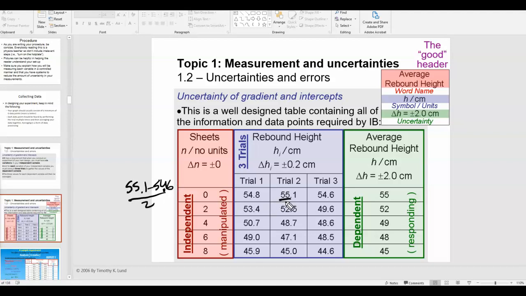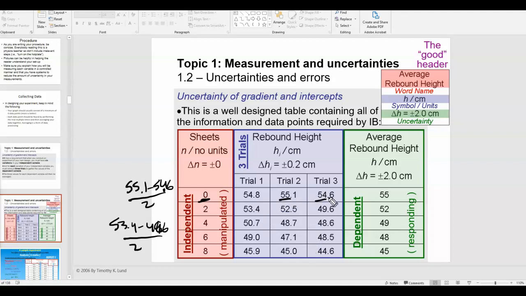Okay, so this highest value minus this lowest value divided by 2, and that gives you the uncertainty for that x value. And then you should go to the next column. You should do 53.4 minus 49.6 divided by 2. Okay, and then you keep going. And so what I'm saying is each row is going to have a different uncertainty if you use the half range method.